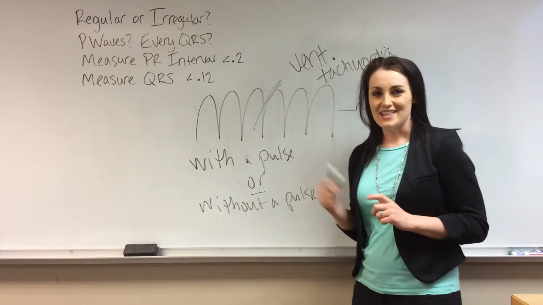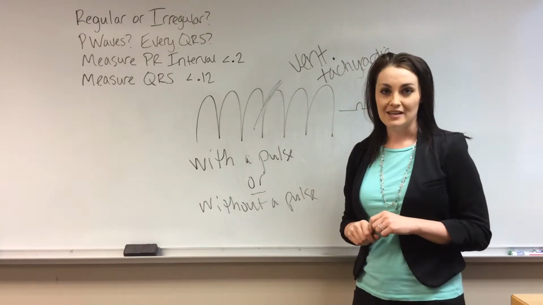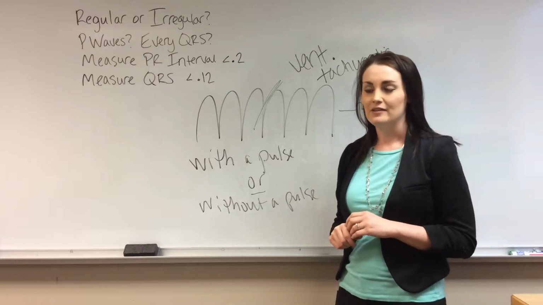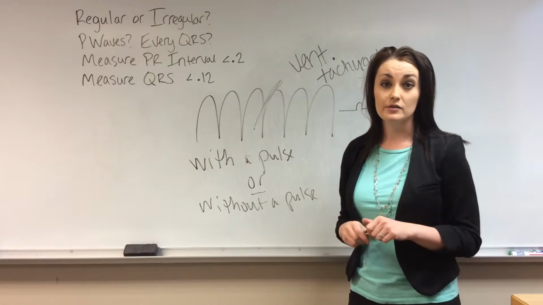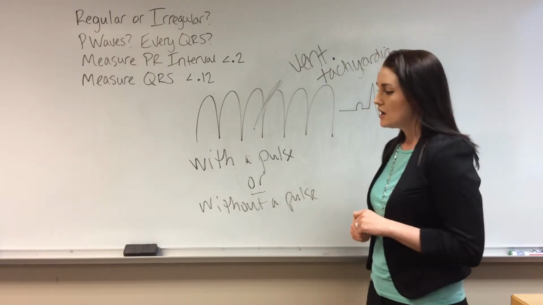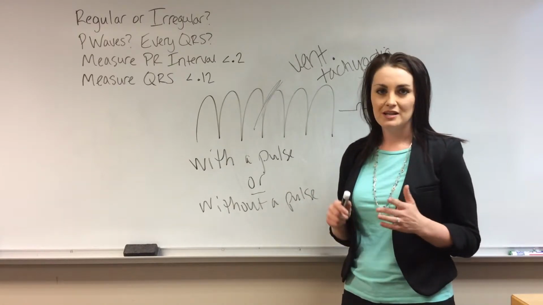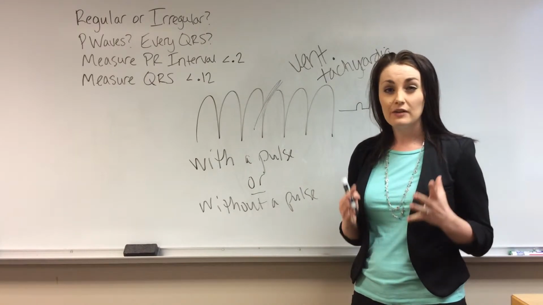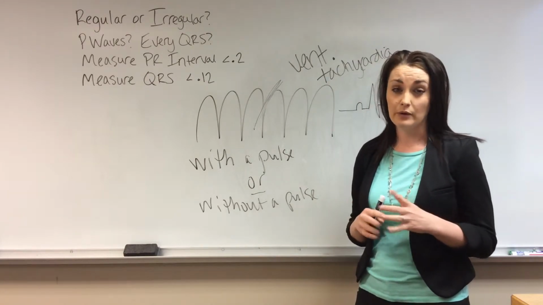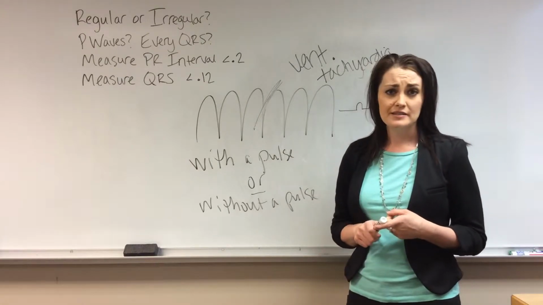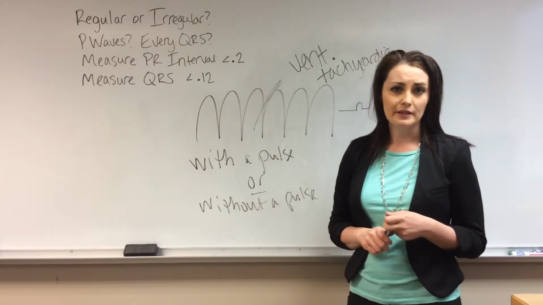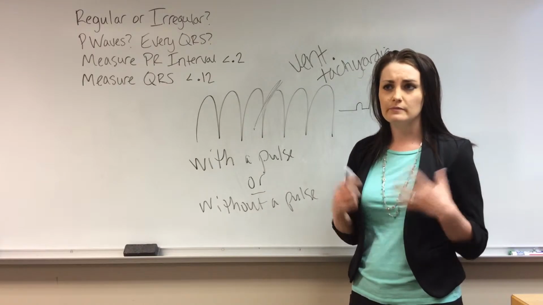Let's say you see this on the monitor and you look at your patient and their eyes are rolled back and they're not responding to you. You check a pulse and there isn't one. So it's VTAC without a pulse. That is an emergent code situation. It's a life-threatening dysrhythmia at that point. Immediately you start compressions and activate the code system.